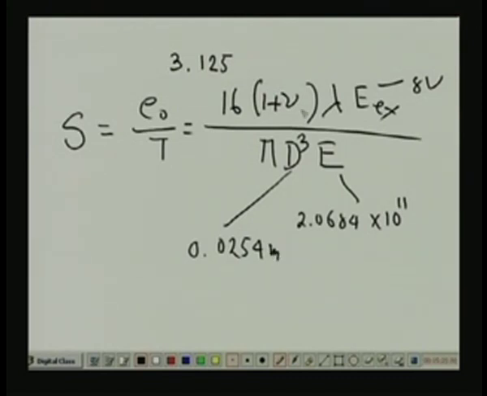Then Poisson's ratio is 0.3, lambda is 2. So if you calculate, the value of S will come up as S equal to 3.125 into 10 to the power minus 5 volt per Newton meter, right?